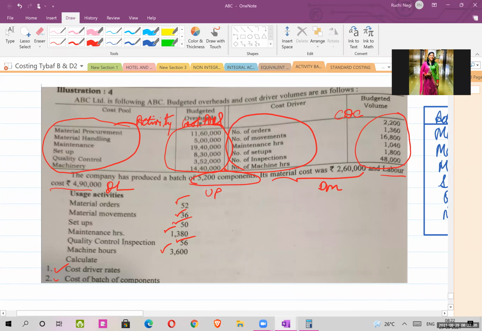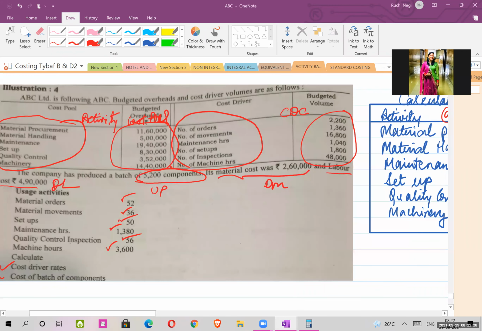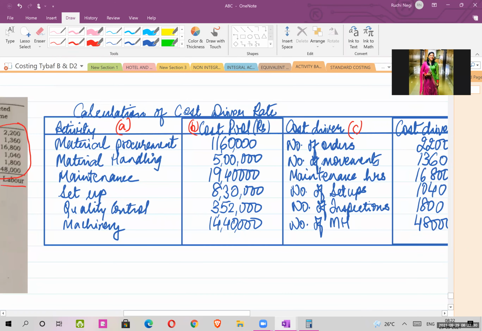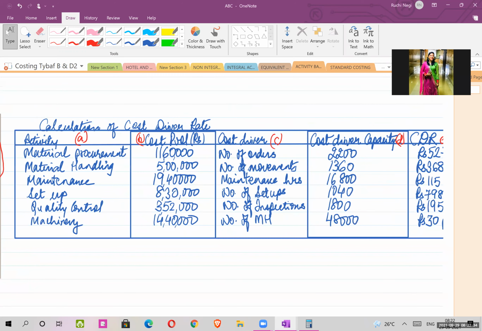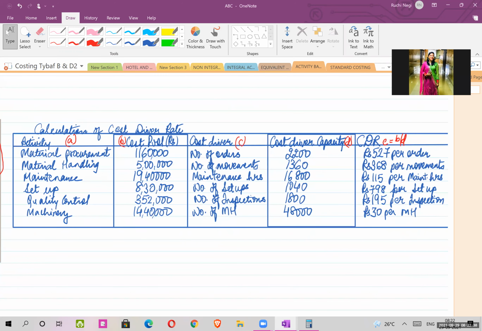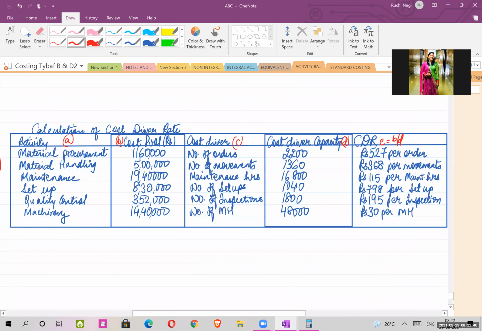So let us move on first to calculate the cost driver rate. So these are your activities: 1, 2, 3, 4, 5, 6. 6 activities divided as material procurement, material handling, maintenance, setup, quality control cost, and machinery.